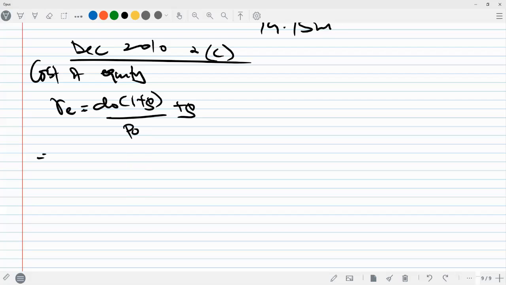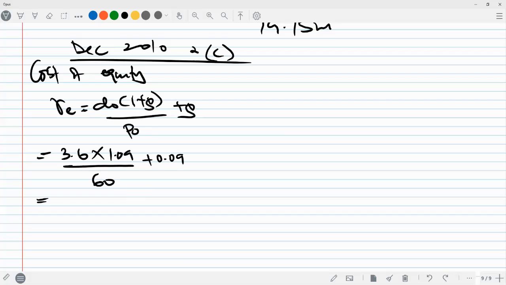Therefore, the most recently paid dividend: the company has just paid 3.6, therefore D0 is equal to 3.6. The growth in the dividend we are told is equal to how much? 9%, so 1.09. P0, the current market value, is 60, plus 0.09. This gives us how much?